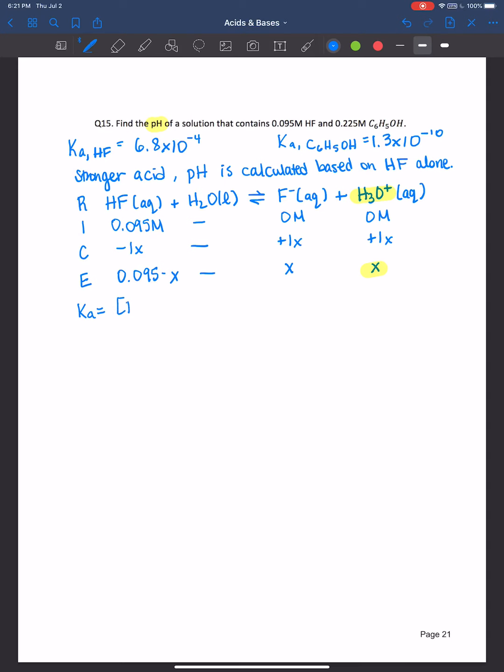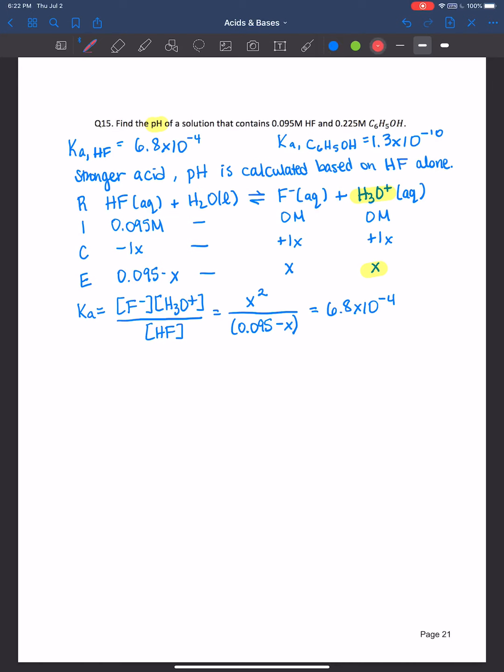So products over reactants, and that's equal to x squared over 0.095 minus x is equal to 6.8 times 10 to the negative fourth.